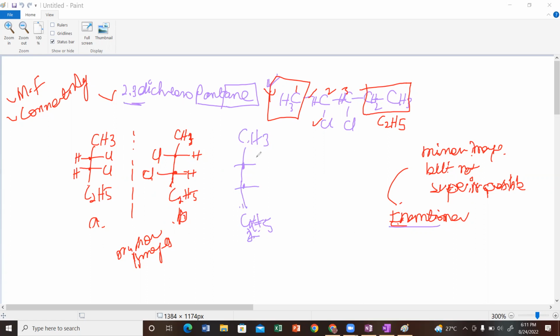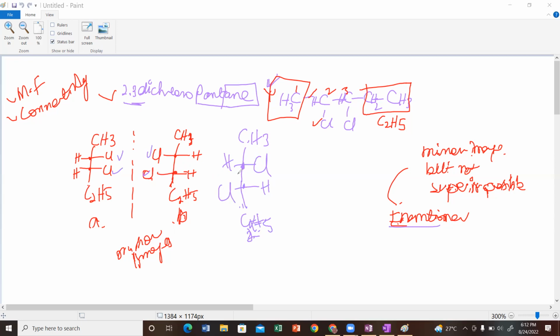If I keep chlorine on opposite sides, like on the second carbon, we have the possibility of hydrogen and chlorine. So it is not necessary that both chlorines should always be on the same side, like this side or this side. It is also possible that one chlorine is trans to another chlorine.